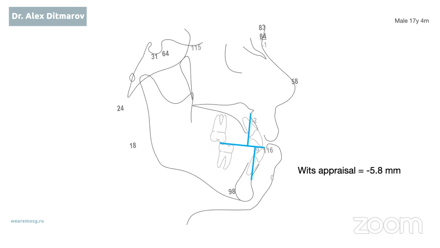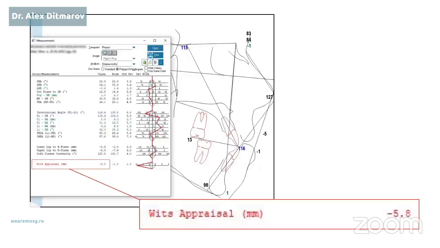I'm not making this up. This is really what the Dolphin program showed me recently when I was making my tracing, -5.8. I was surprised that I was exactly on the borderline between surgical and non-surgical solution.